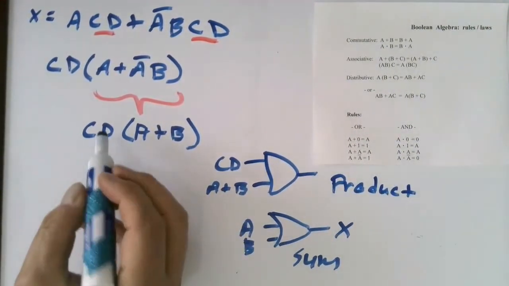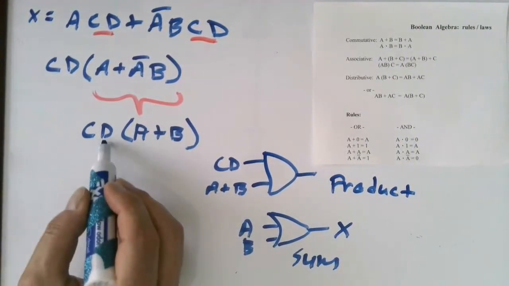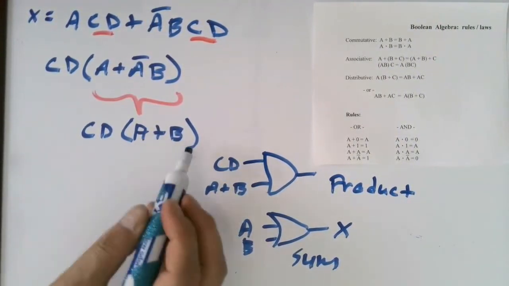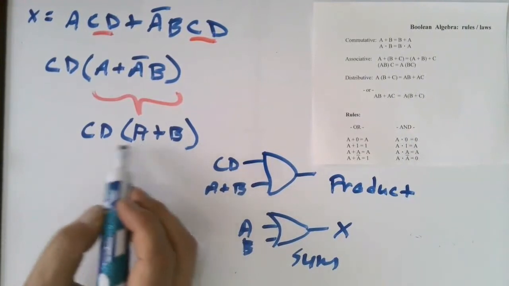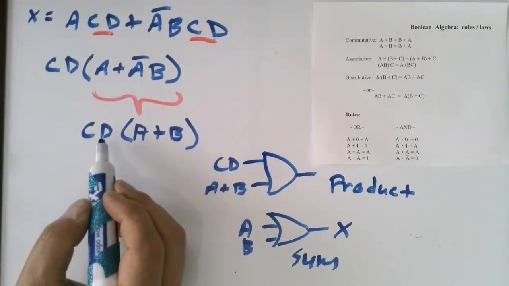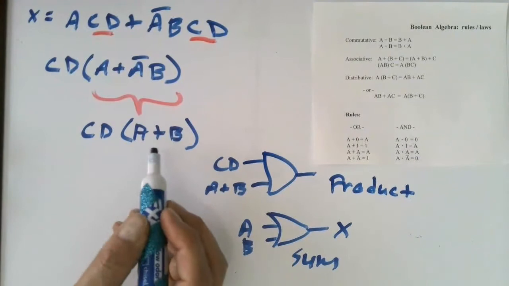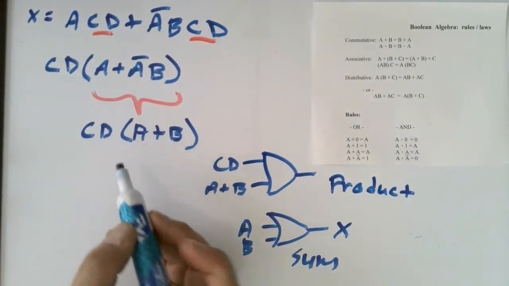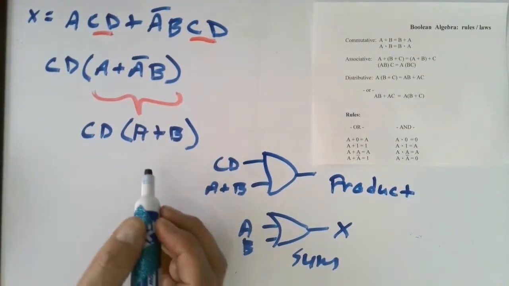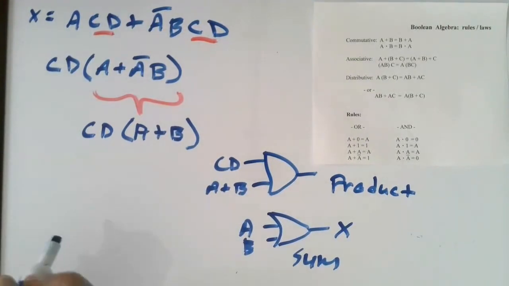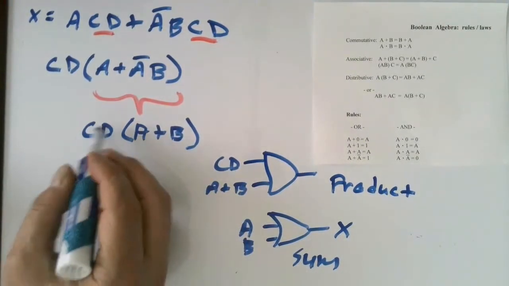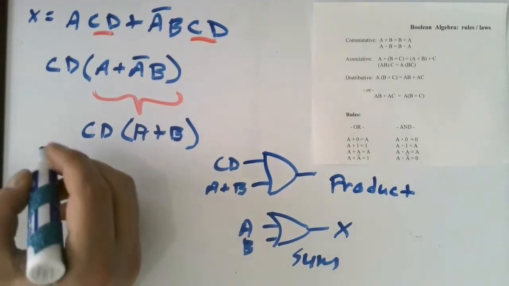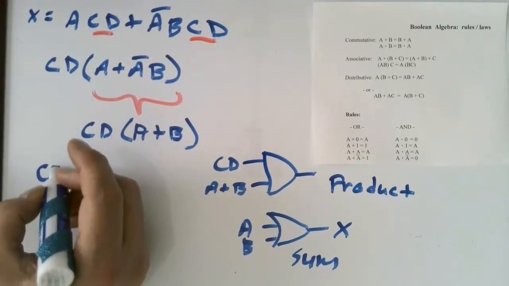So in this case, we have these two terms here, CD and A or B, C and D ANDed with A or B. This would be called a product. Well, it's not really a product of sums, but it's a product of two terms. Okay? My point here is that we can also represent this in another way. If we redistribute the values out, you don't have to do this, but this just shows you there's an equivalency here.